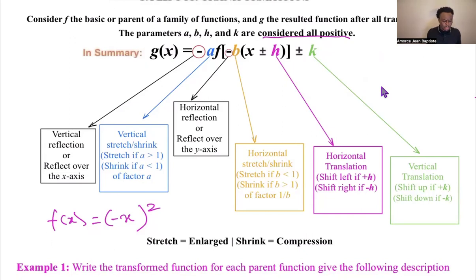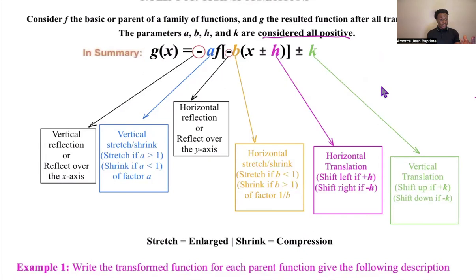Now we have a summary of everything that we need to know about transformation. We have the basic functions that are f in this equation here. All the f can be any of the basic functions we saw in the previous slide. G of x is the transformed function.